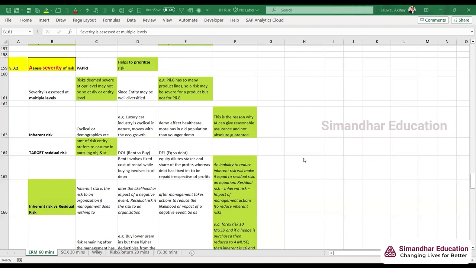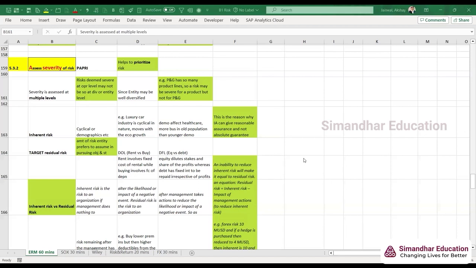Let's say another type. If we are a seller of medicines, and we are in a country which has an old population, then our inherent risk will be lower, right?